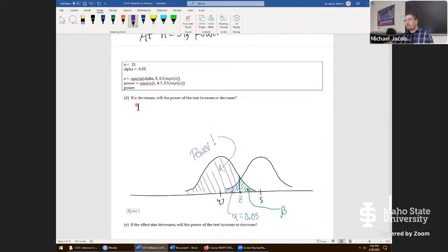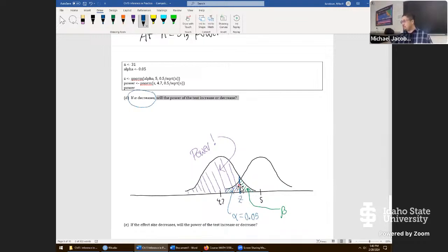So now let's leave this up to the class to see if we can suss out what's going to happen here. It says if alpha decreases, that's the significance level for the test, that means our type 1 error probability goes down. But what will happen to the power of the test? Will the power go upward or will power go down? That's a tough question, but here's how we can think about it. Alpha decreases. That means this area is getting smaller.